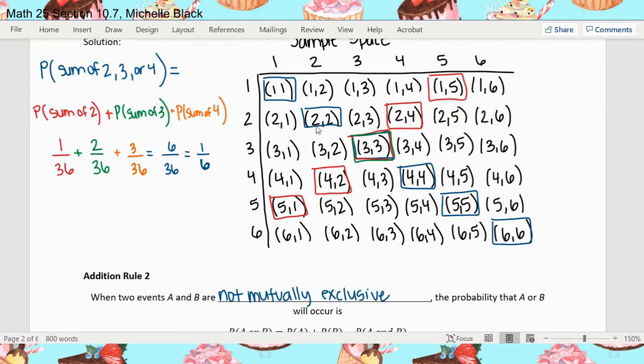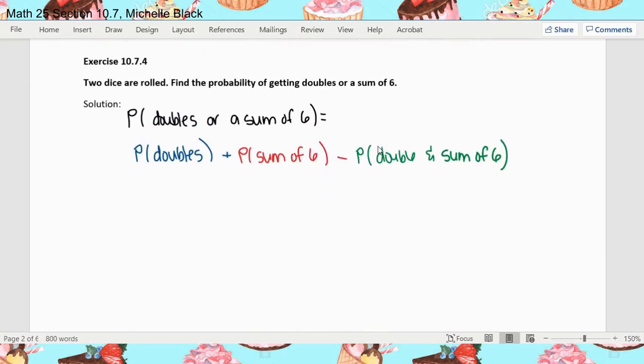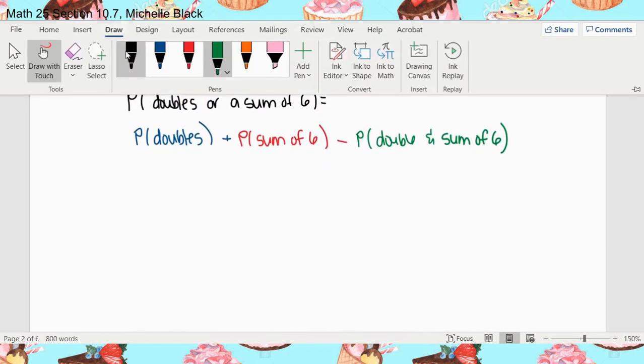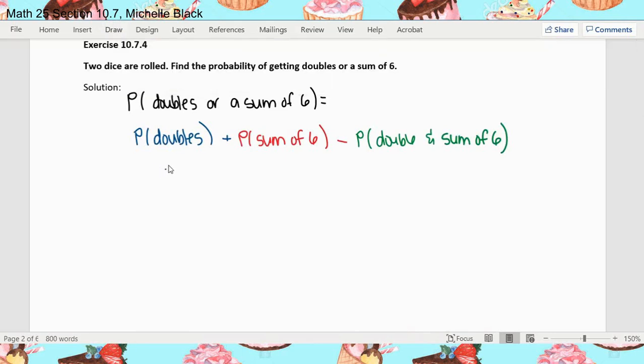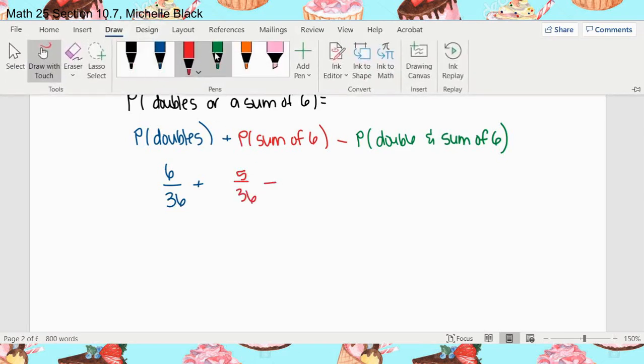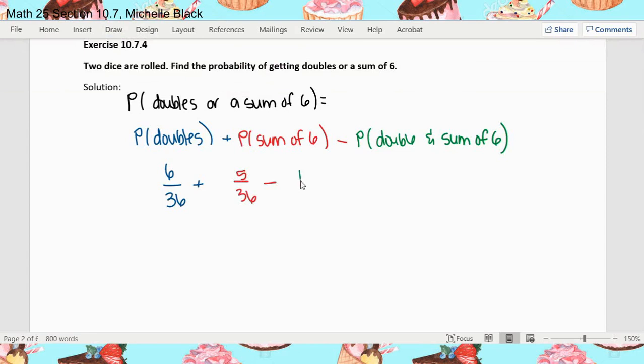So for the doubles, I have 6 options out of my 36. For the sum of 6, I have 5 options out of 36, and then I have one option that I counted too many times, so I need to subtract it off once. So we have 6 out of 36 plus 5 out of 36 minus the doubles with 3, 3 because I added it one too many times.